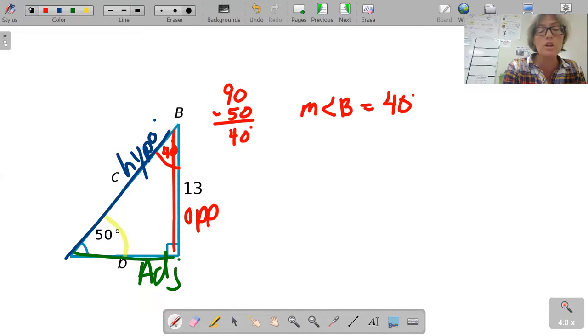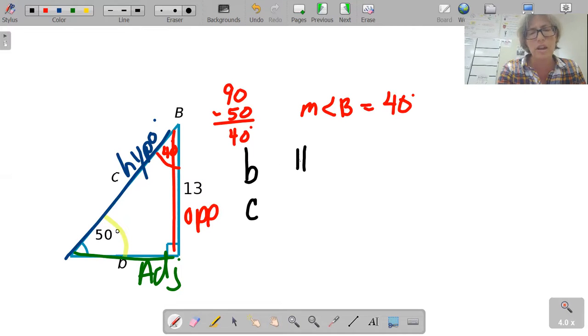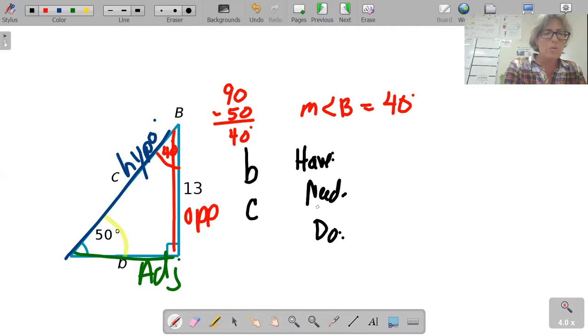It's going to want you to solve for 2 sides, in this case, B and C. So going for B first, have, need, do. If we're going for B, we have the opposite. We need the adjacent. What are we going to do? We're going to do tangent.